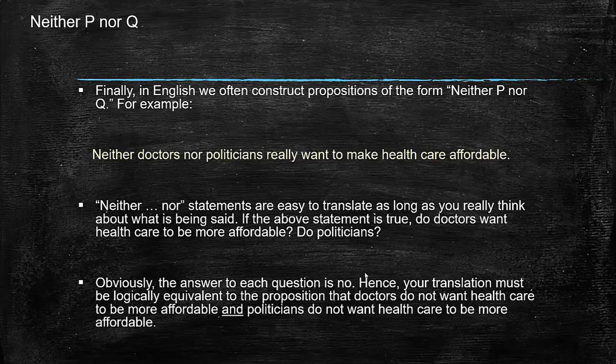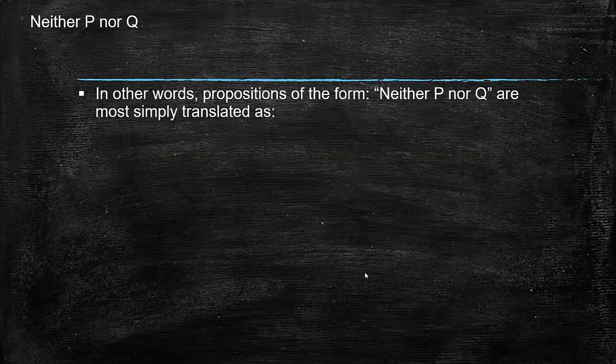Obviously, the answer to each question is no. Hence, your translation must be logically equivalent to the proposition that doctors do not want healthcare to be more affordable, and also politicians do not want healthcare to be more affordable. In other words, propositions of the form neither P nor Q are simply translated as not P and not Q.